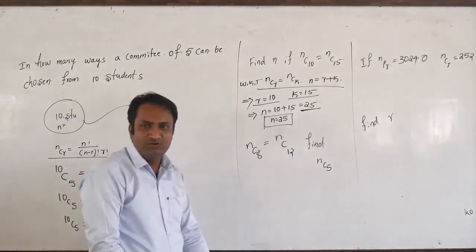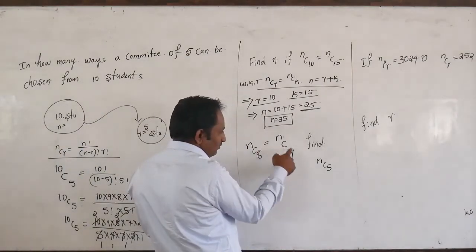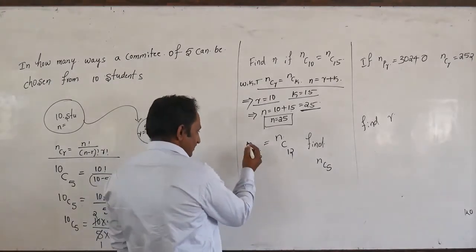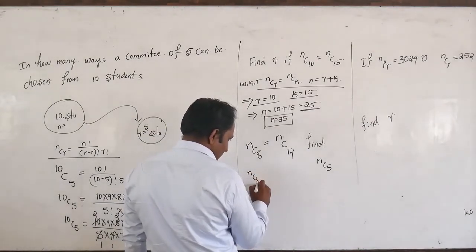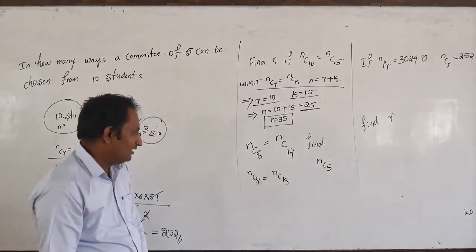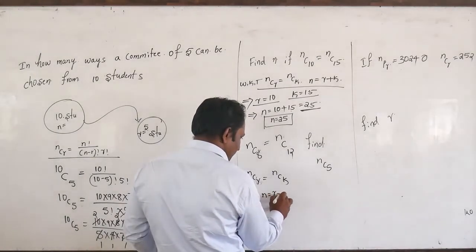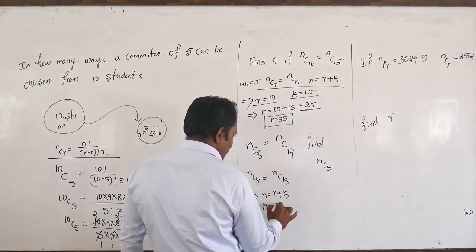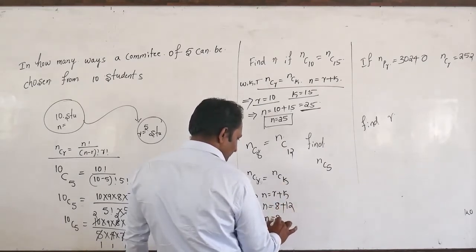The n value is 25. Here similarly nC8 is equal to nC12. Then find the nC5 value. Here similarly nCr is equal to nCk, so automatically we can find n is r plus k. n is equal to r value 8 plus k value 12, then n is equal to 20.